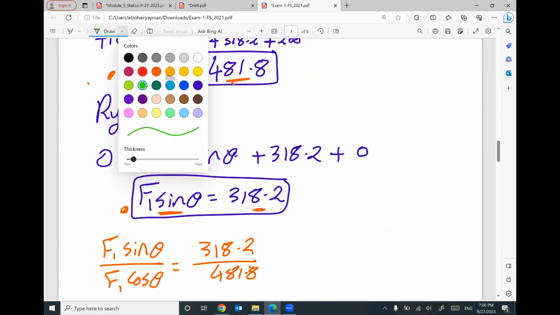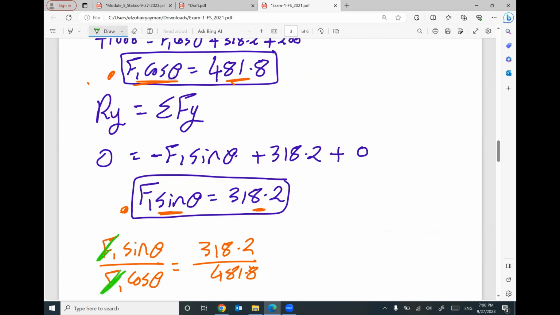This term will cancel this one, and this term is equivalent to tan theta, which will equal 318.2 divided by 481.8. It will be 0.66.